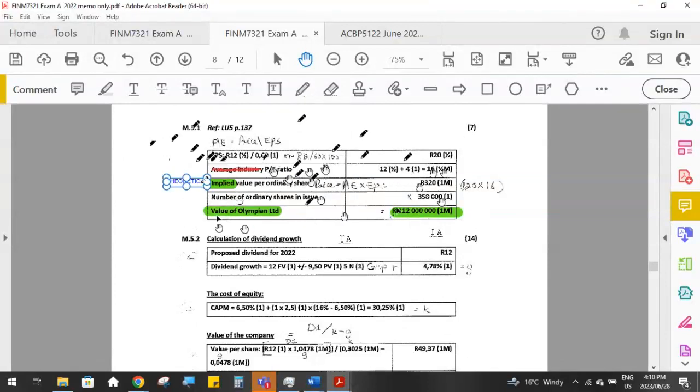So working like this neatly, everything one underneath each other with explanations, descriptions, labeling, is very important.